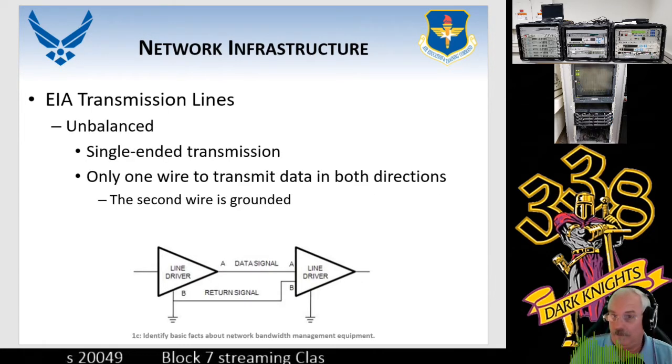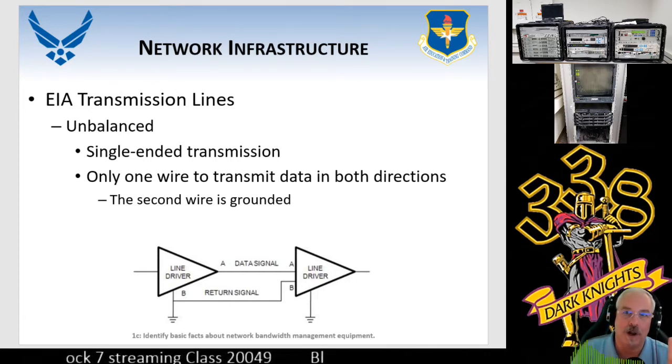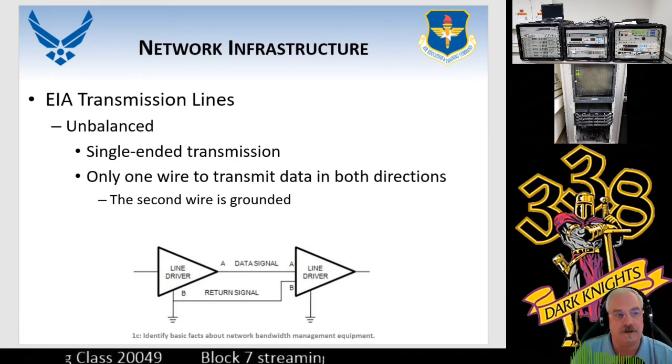We look at the unbalanced line. This one is a coax cable. You can see that it says a single-ended transmission. In other words, all the data is on one line. When you look at a coax cable, you have a center conductor and then you have a shield around it. In this case, if you looked at the line driver off to the left, you'll see Alpha has all the digital signals.